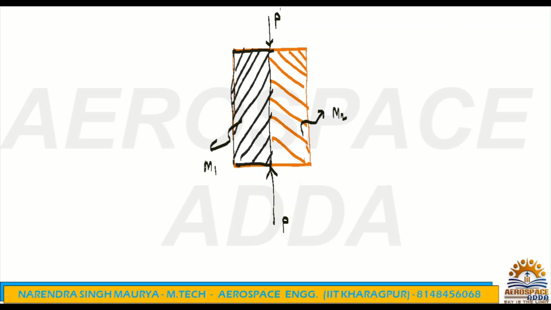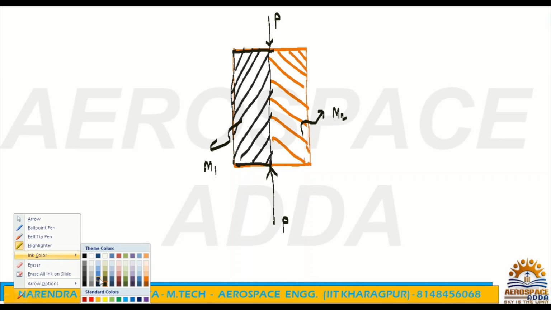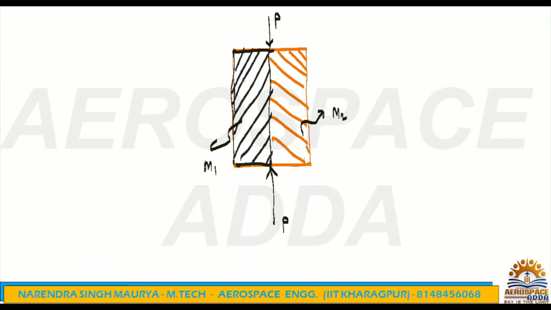Now very important, this load P: load P1 will be shared by this material M1 and load P2 will be shared by material M2. So what is this total load applied? That is a compressive load, obviously.